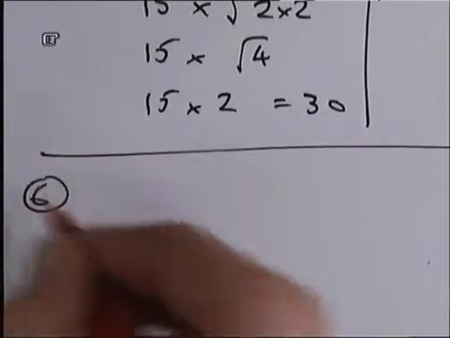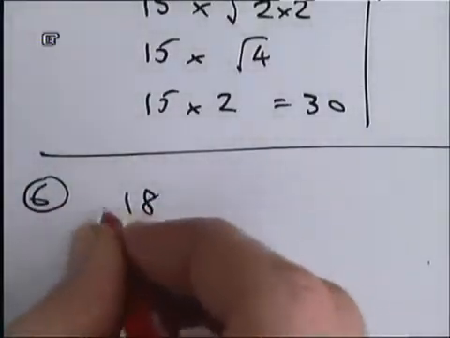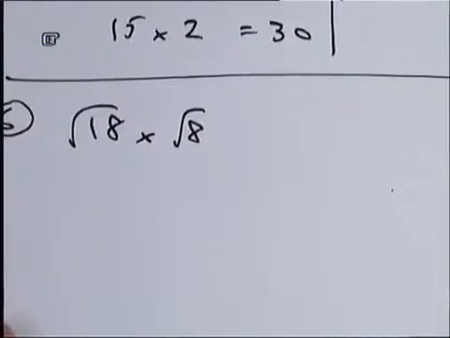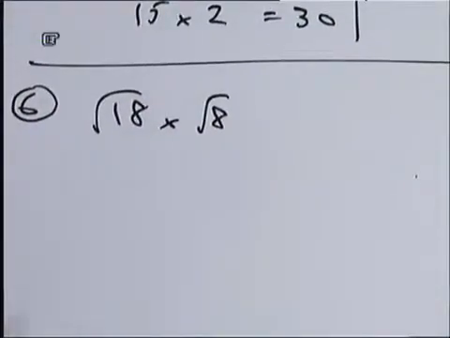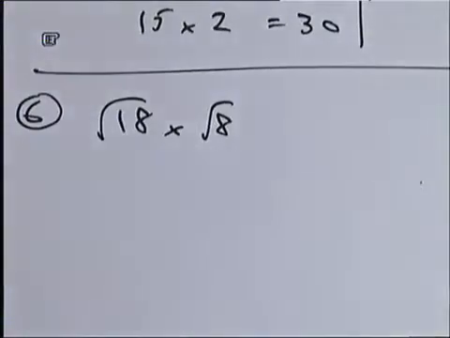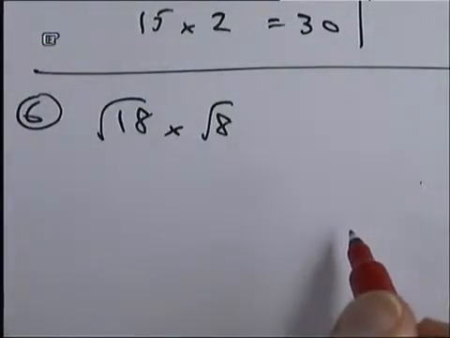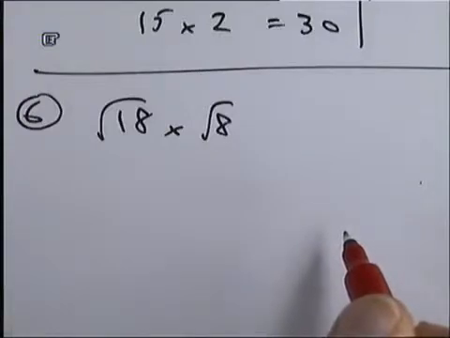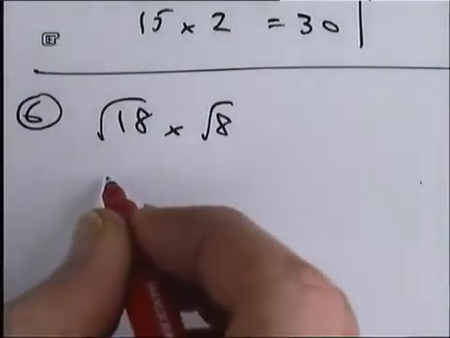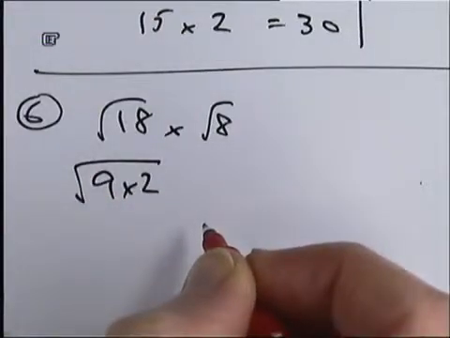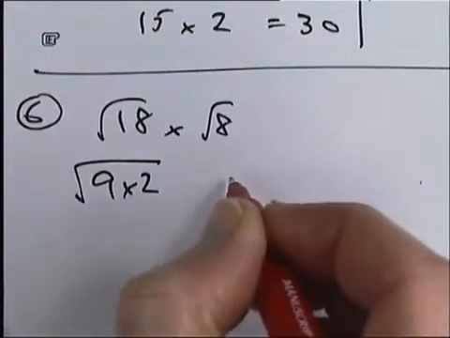So example number 6 is going to be root 18 times by root 8. So root 18, first thing we need to do is try and change that into a pair of numbers with two numbers multiplied together to get 18. Well, one of them is a square number. So 18 is the same as 9 times by 2. And 8 is the same as 4 times by 2.